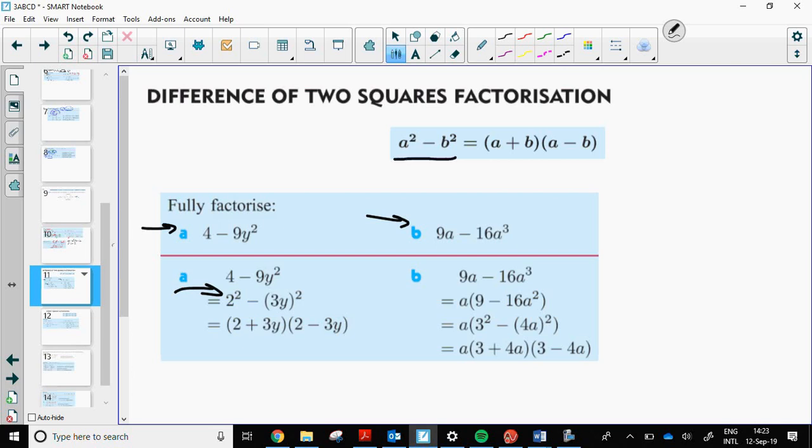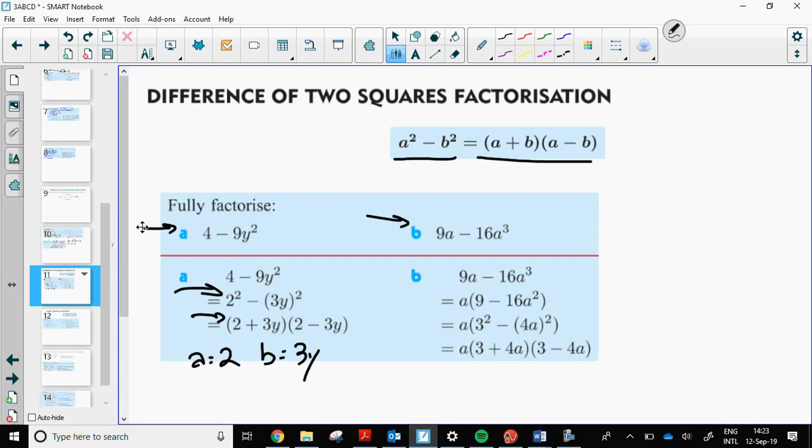We have a squared minus b squared, where in this case a is 2 and b is 3y, which means that we can factor it into a plus b times a minus b, or 2 plus 3y, 2 minus 3y. All we're doing is taking square roots in our head and writing it in the form that we're given from the difference of two squares.